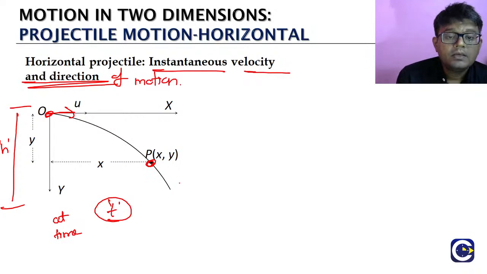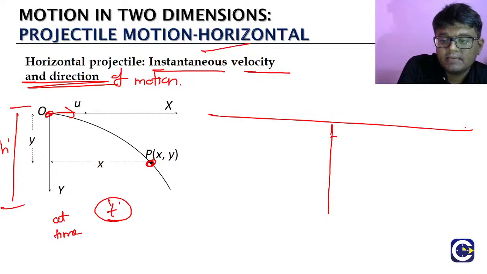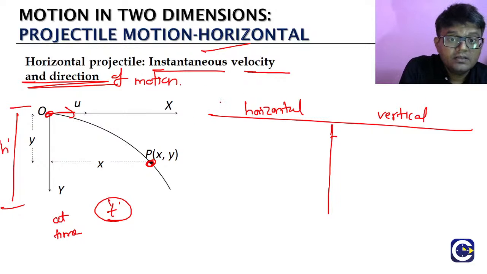Here what are we supposed to find? Instantaneous velocity. Now look at this, again same thing, everywhere two things will come, horizontal and vertical. So what is the horizontal side? It is a uniform velocity, correct?